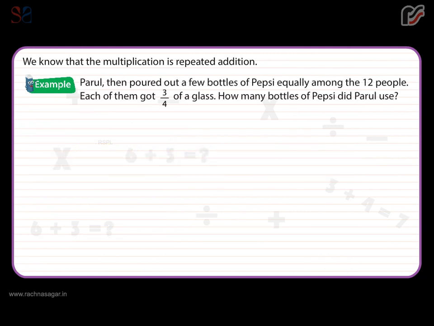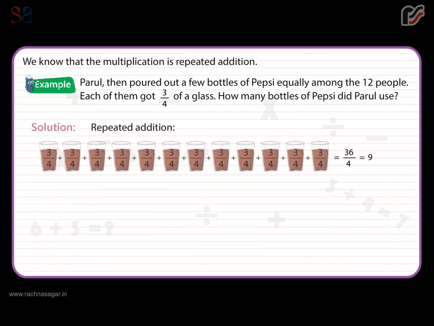Parul then poured out a few bottles of Pepsi equally among the 12 people. Each of them got 3/4 of a glass. How many bottles of Pepsi did Parul use? Repeated addition. If we add 3/4 up to 12 times, we get 36/4 is equal to 9.